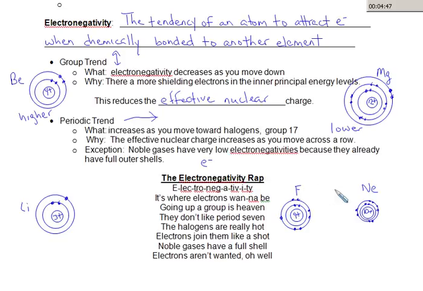And then finally, we can go to neon, except there's a small problem here. This second shell is already full. There's no room at the end. There's no space for another electron. So what happens is fluorine is the most electronegative, because the electron will be closer to the nucleus.